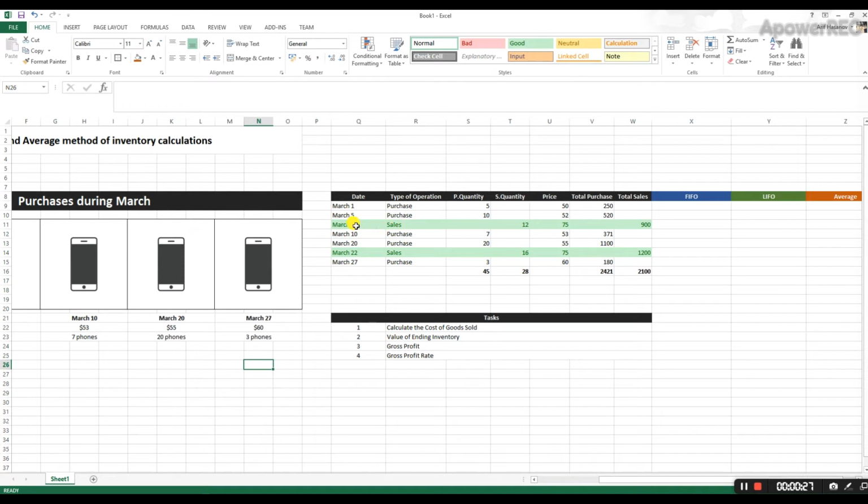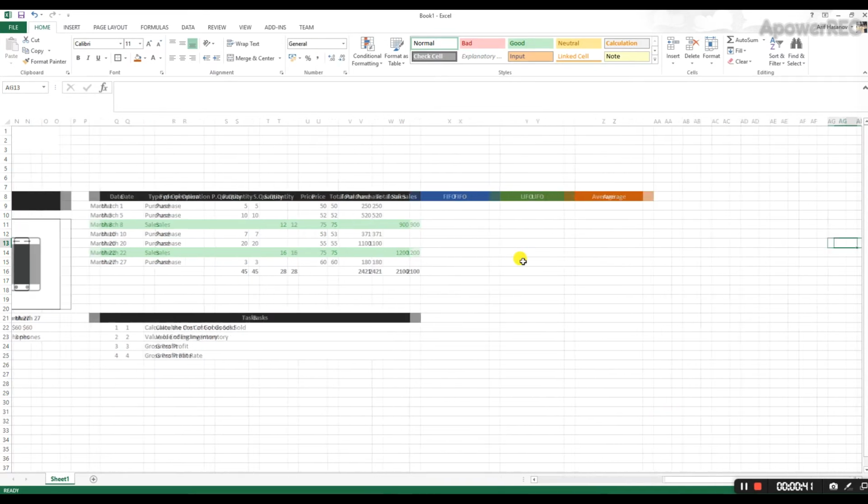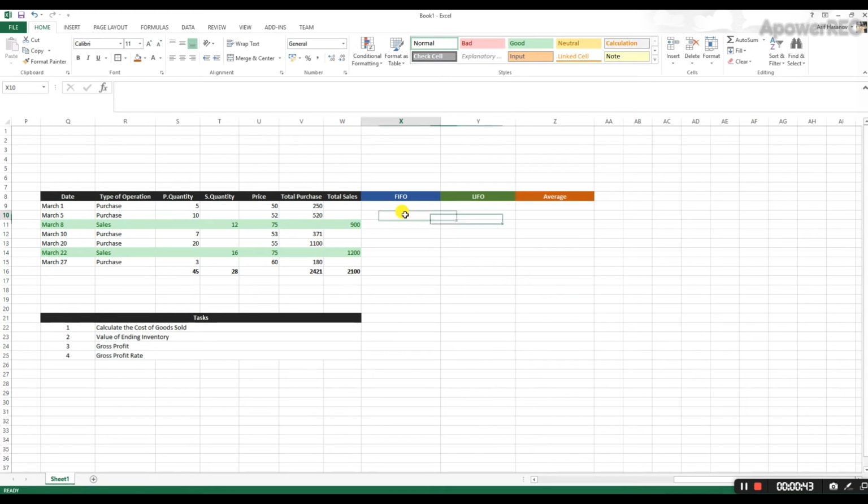Now I made a little change to this table so that it would be more understandable for these two methods. Let's take a look at them one by one. Here we can see that we have purchases of 5 and 10 pieces, and at some point we sold 12 phones.